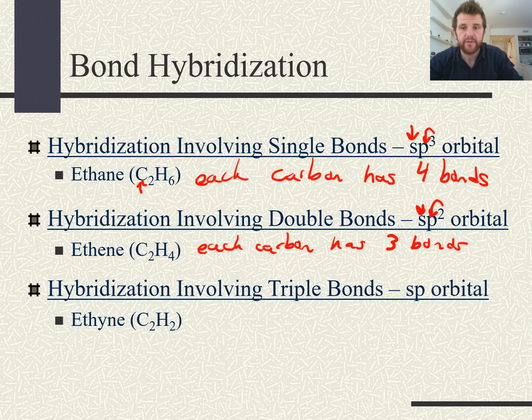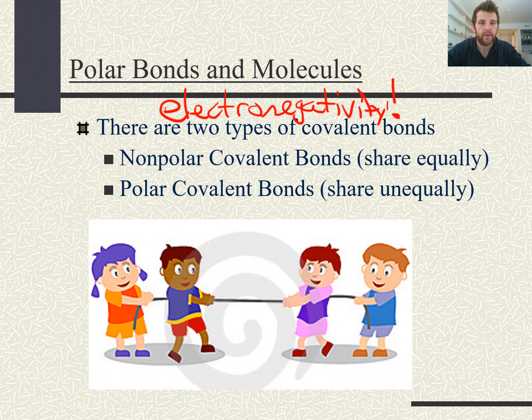So we have 1 S, 2 P's. One of the P's has mixed with an S to form the double bond. If it's a triple bond, that means each carbon has 2 bonds. And you can see that sp, which means 2 of the old P's that are now missing, have mixed with the S to combine to form a triple bond. I'll show you all of this with models as well.